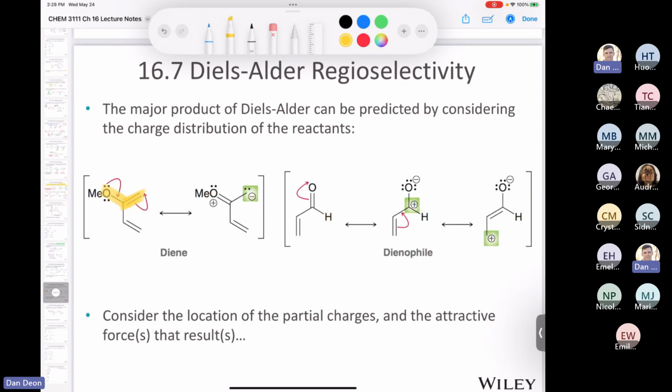We have an allylic lone pair, and so we can draw a resonance form of the diene where we show the negative charge on this carbon up at the top. Now, you could take the dienophile and you can draw a resonance form where you show a positive charge on this carbon at the bottom.